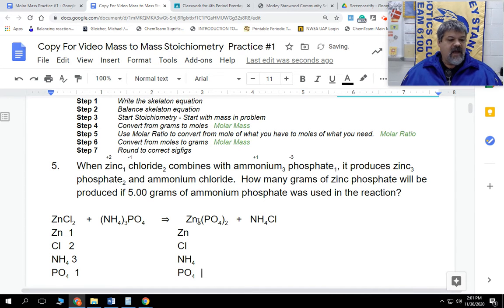So how many do I have? It looks like I have 3 zinc. Chlorines, I have 1. Ammoniums, I have just this one right here. Remember, this goes with it. It's not 4 of them, it's 1 of them. If I have more than 1, it's in parentheses. So we have 1. And our PO4, I do have that in parentheses, so I have 2 of those. So we're going to put down 2 right there.